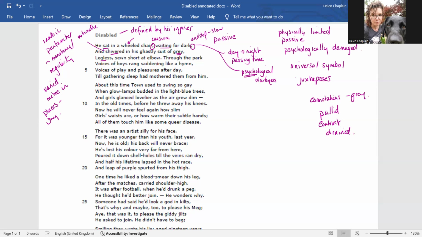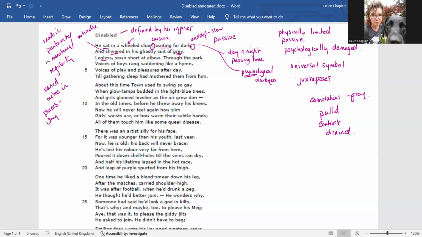So it's folded back on itself and sewn up. So we have this idea that he is very much damaged physically by the war. And that, again, in those first two and a half lines is what's defining him. That's what you see, this man who is physically compromised.